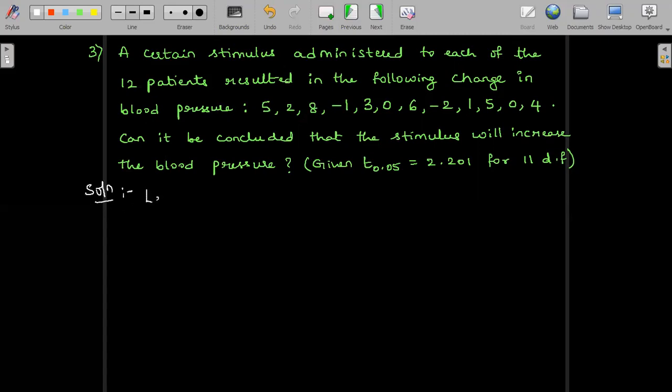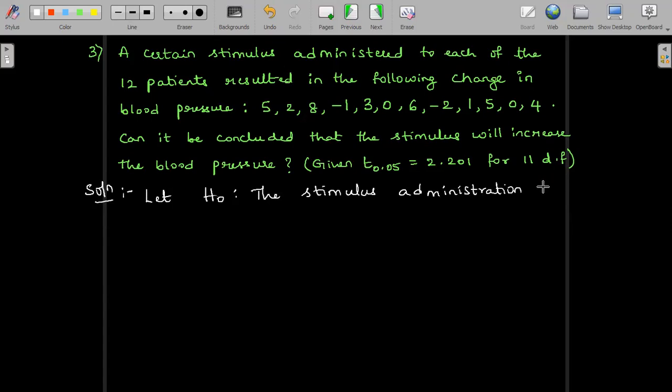So very firstly, let us write down H naught: the stimulus administration is not accompanied with increase in the blood pressure.